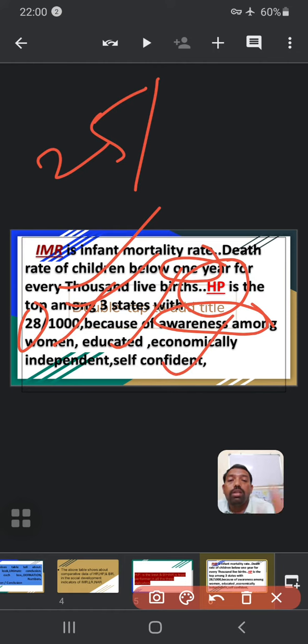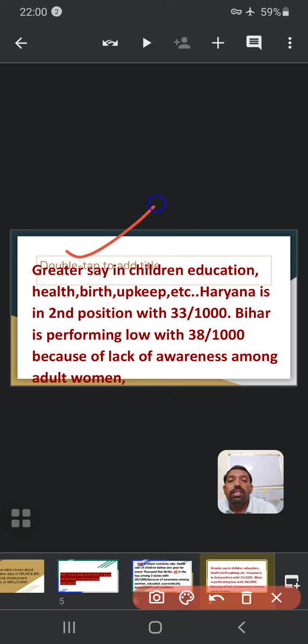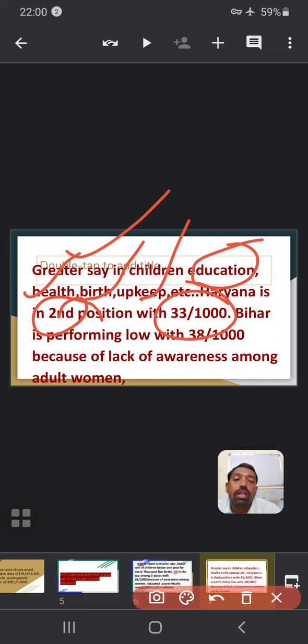Education brings all those things. They have a greater say in children's education, health, birth, upkeep, etc. Haryana is in second position with 33 for 1,000 live births.